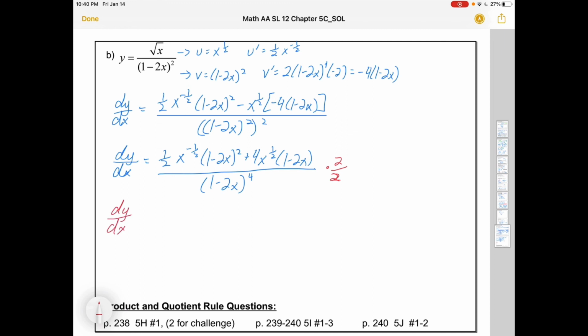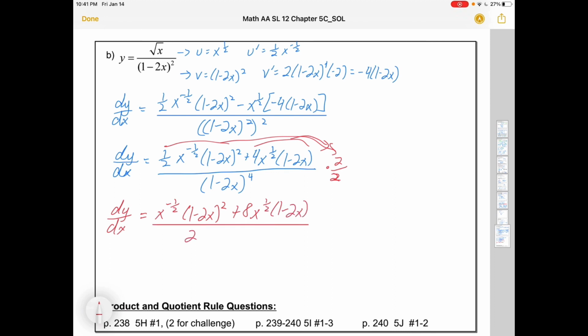So if you do this whole term by 2, then the half goes away, and you just have x to the negative a half, (1 - 2x) all squared. And then in the other one, you'll have to times this whole thing by 2, so that'll give you 8x to the half, (1 - 2x).